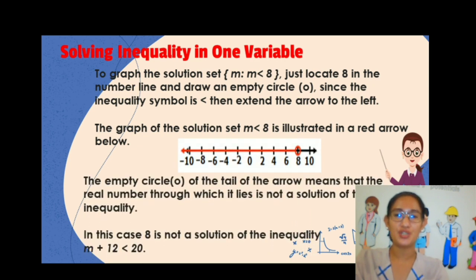The empty circle at the tail of the arrow means that the real number through which it lies is not a solution of the inequality. In this case, 8 is not a solution of the inequality m plus 12 is less than 20.